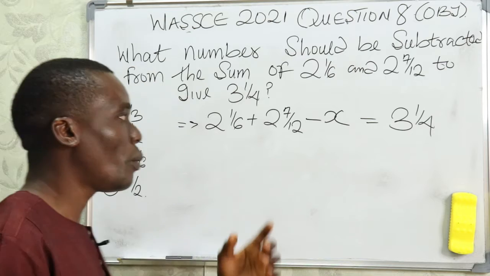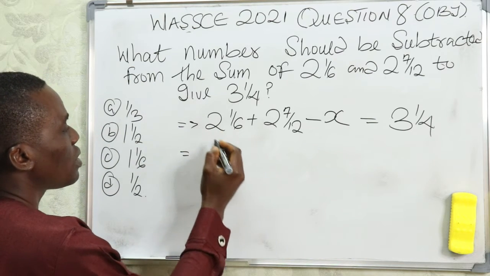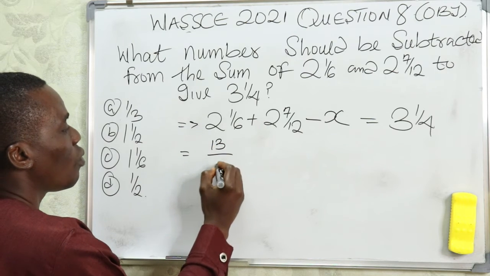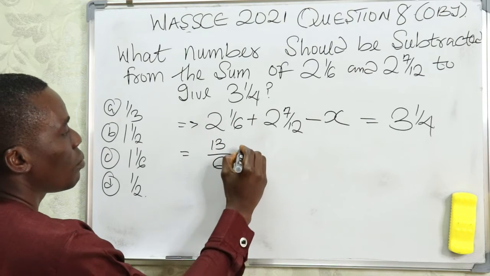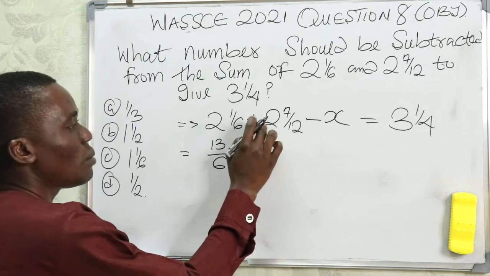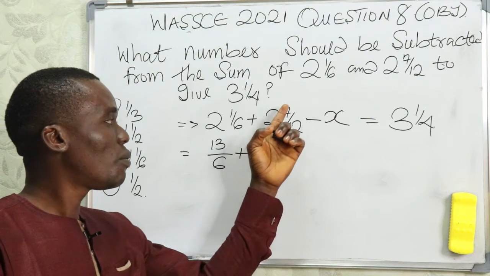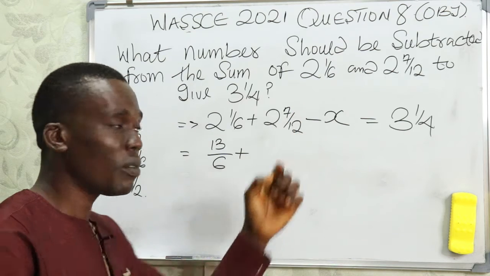Now, let's look at how we can simplify this. To simplify this, we are going to have 6 times 2 to give us 12. That will give us 13 over 6, because 12 plus 1 will give you 13, plus this times this, 12 times 2 will give us 24. 24 plus 7 will give us 31.